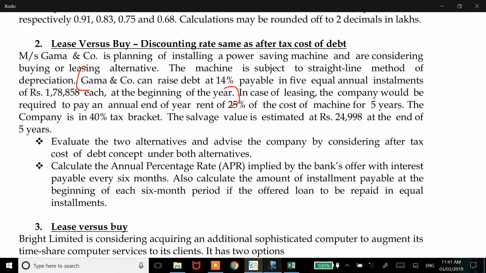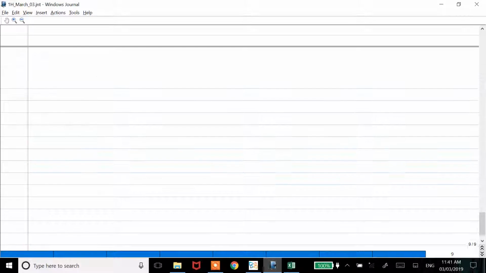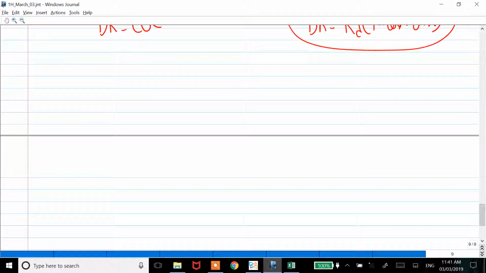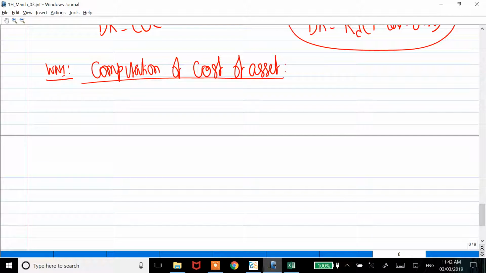Now, working note 1, computation of cost of asset.